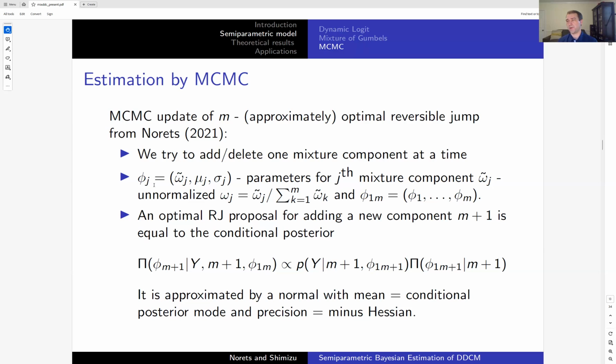Then we use minus the Hessian as the variance and use a normal distribution, where we can, of course, compute the normalization constant in the actual implementation. So this is roughly how, in broad terms, the MCMC algorithm in this model works. And I'll show you some simulation results later on when we get to applications.